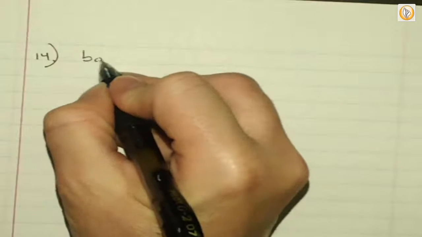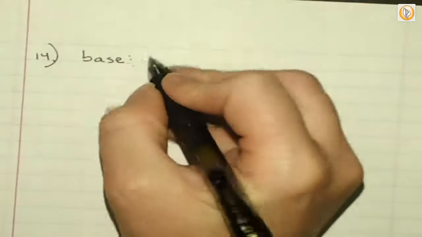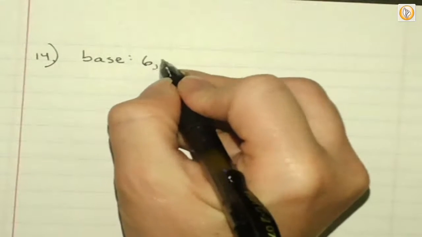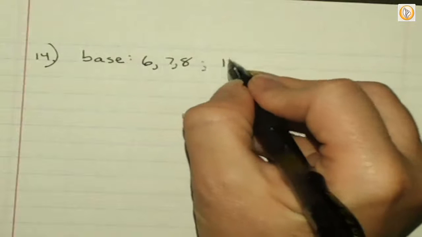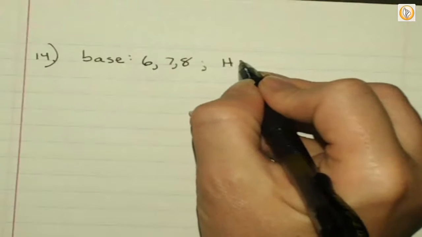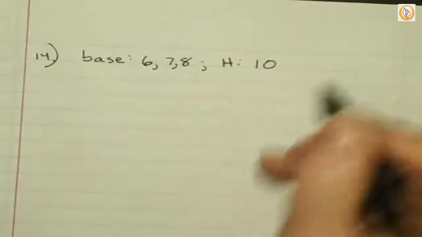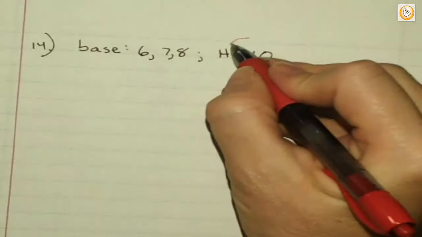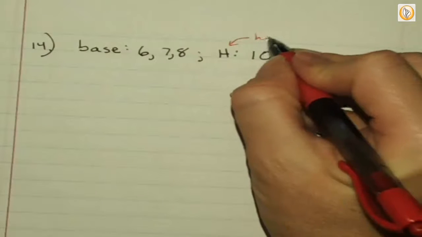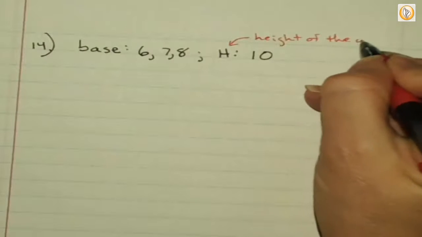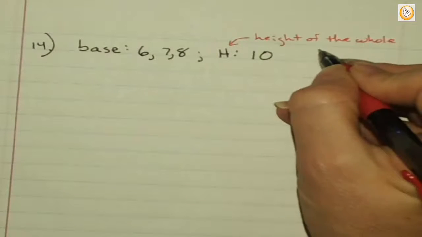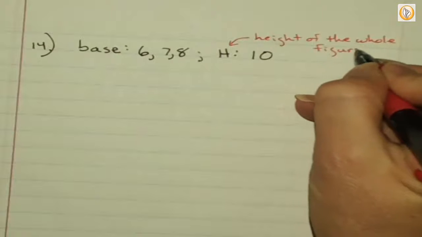Okay, so let's look at 14. They didn't give you any drawing. They just gave you 6. The base is 6, 7, and 8. And then they gave you a big old H and said it's 10. What do you think the big old H is? The height of the whole figure.